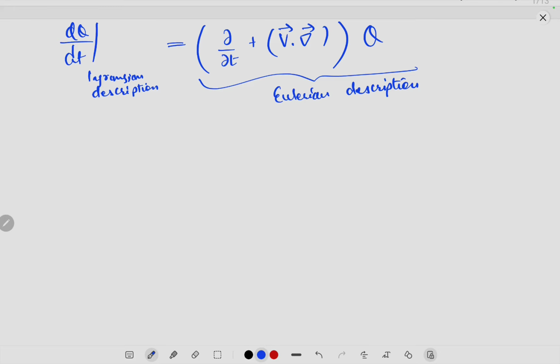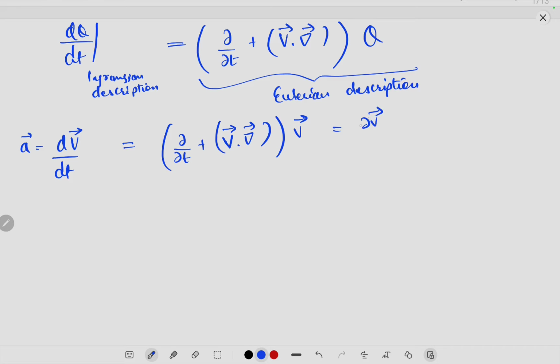So for any quantity, let's say the quantity is the acceleration vector, we want to find the acceleration in the Lagrangian description and in the Eulerian description. So how can we write it? This is the acceleration that we want to find for the particle. We'll write del by del t plus V dot grad vector, whole times V vector.